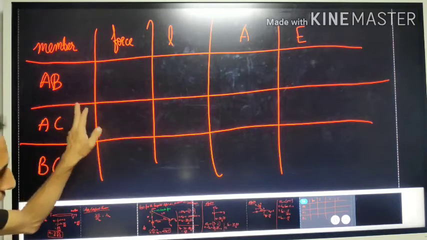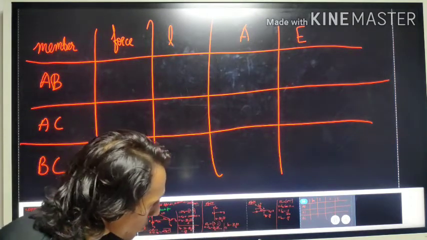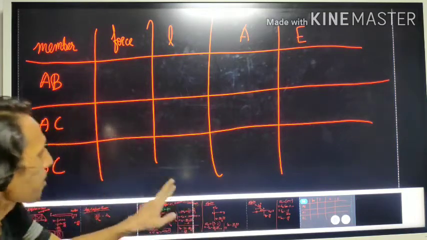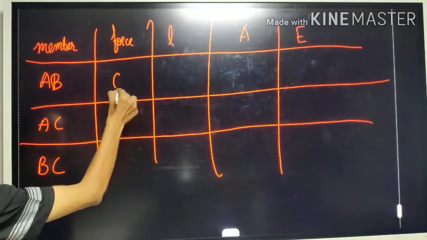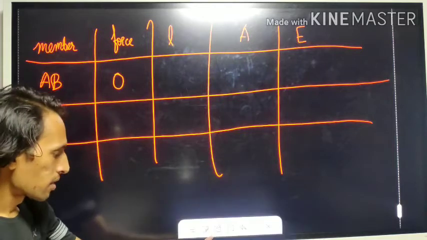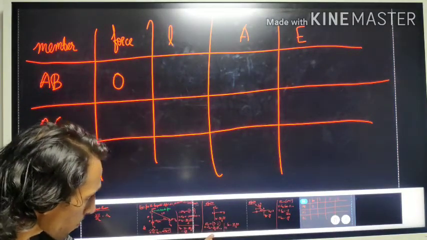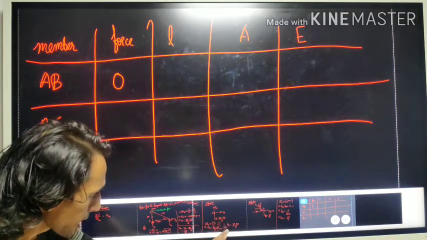So what was the value of AB? AB value was 0. Okay. Then what was the value of AC?